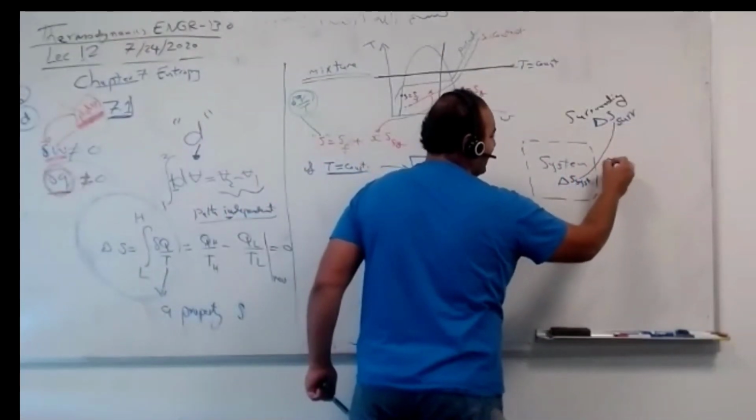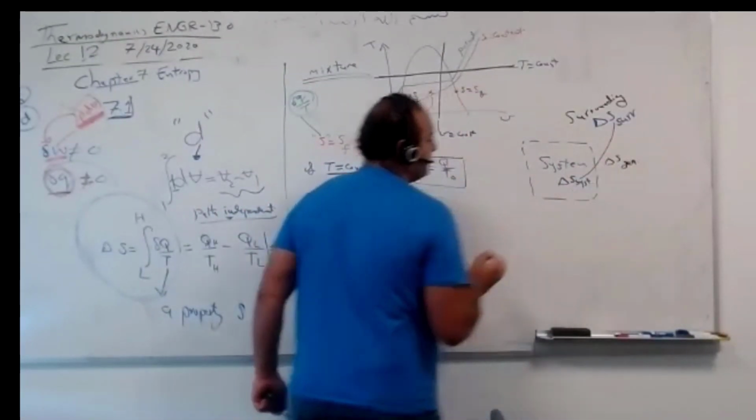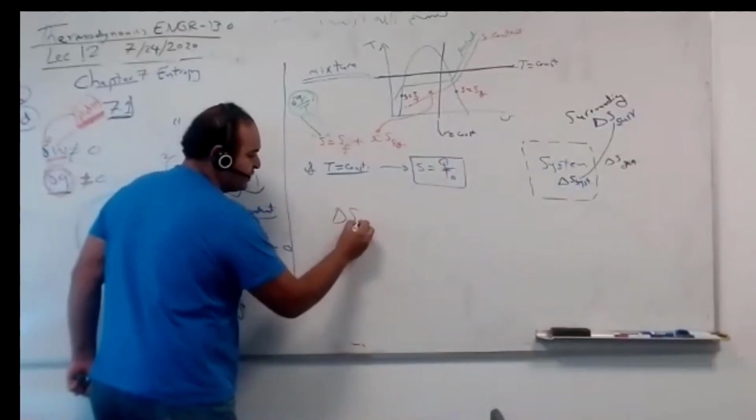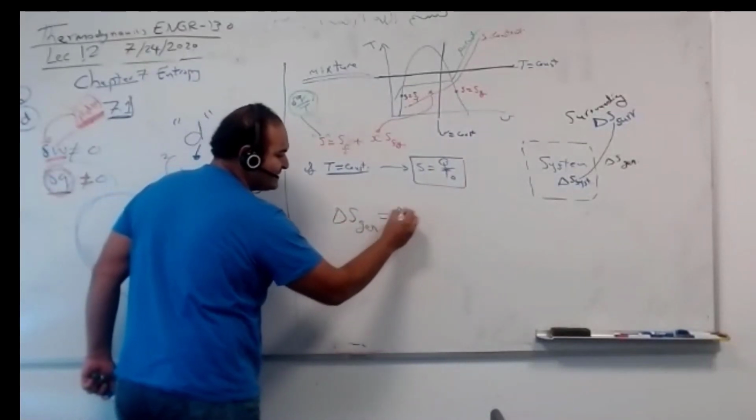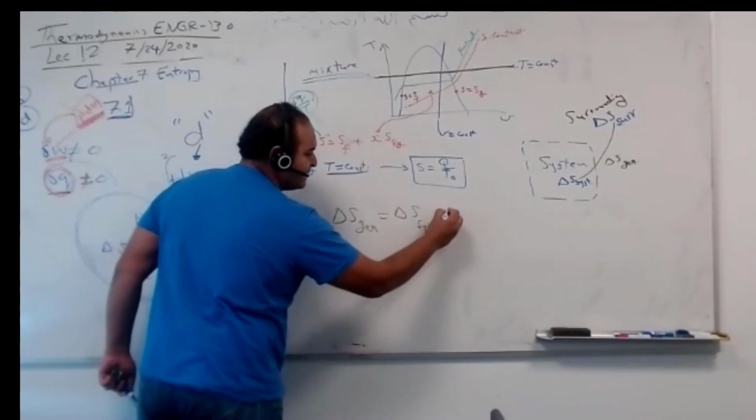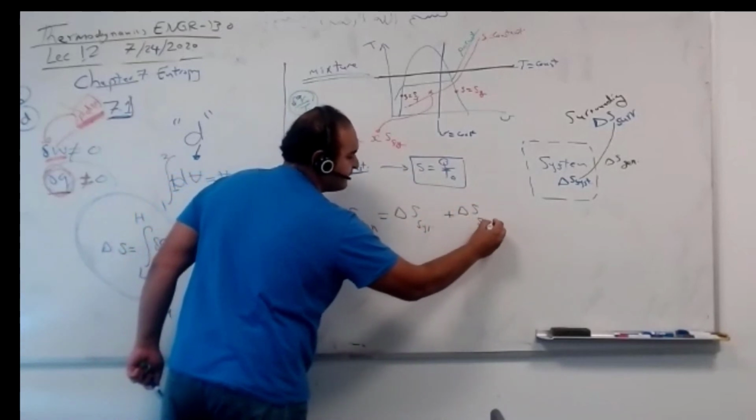So delta S generated equals delta S system plus delta S surrounding.